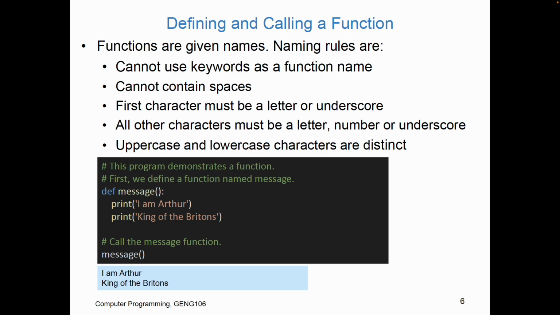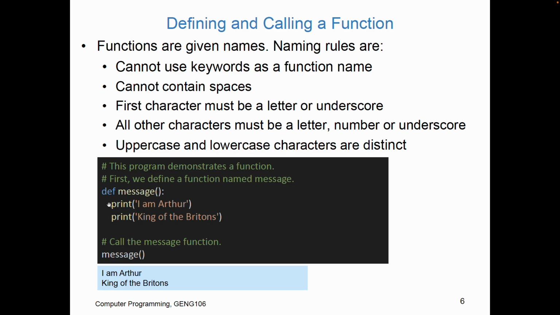We cannot use non-numeric, non-letter characters. We can use only underscore. And we shouldn't put any space in our function names. It is usually a verb, like display message, print, find, whatever it is. Of course it doesn't have to be, but usually it is, because we define functions to perform a task.